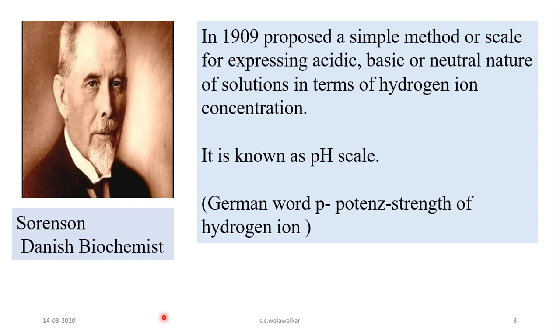When the hydronium ion concentration is greater than 1 into 10 raised to minus 7, the solution is acidic. When it is less than 1 into 10 raised to minus 7, the solution is basic. And when the concentration of hydronium ion is equal to the concentration of hydroxyl ion, the solution is neutral.